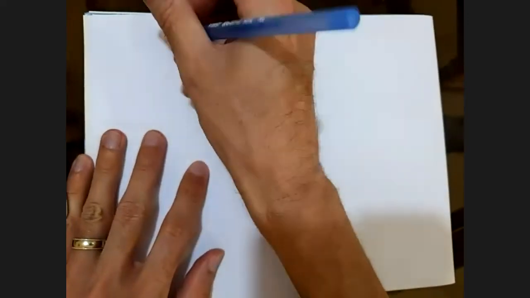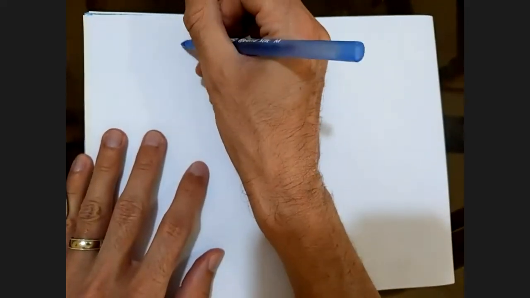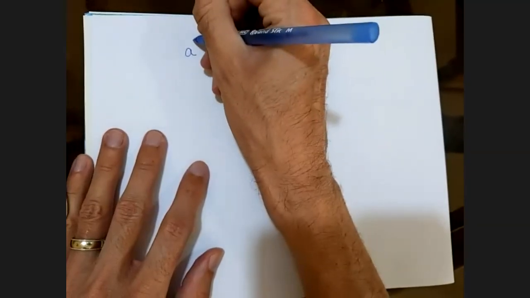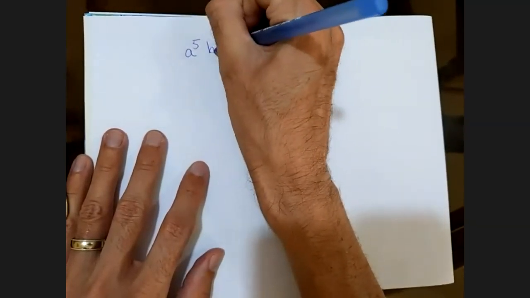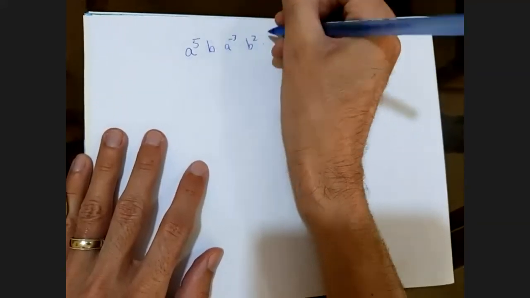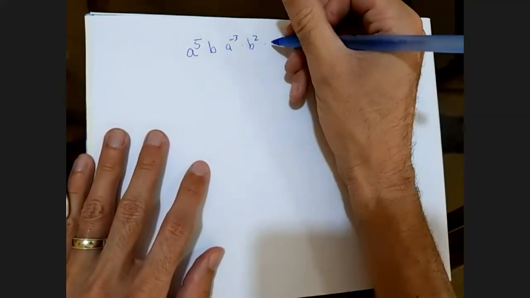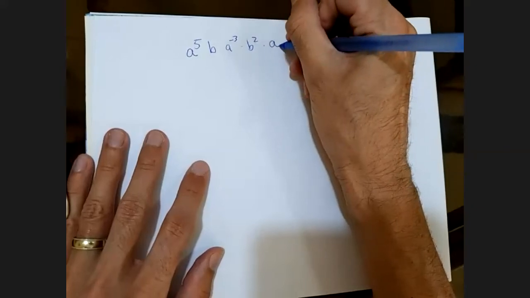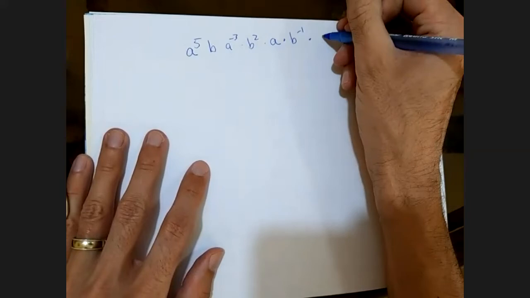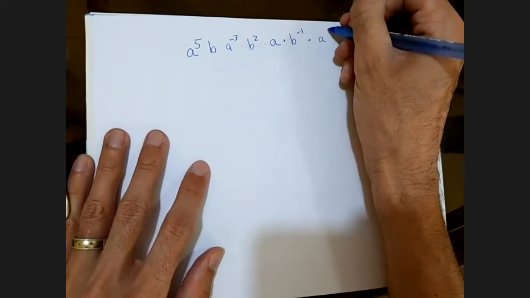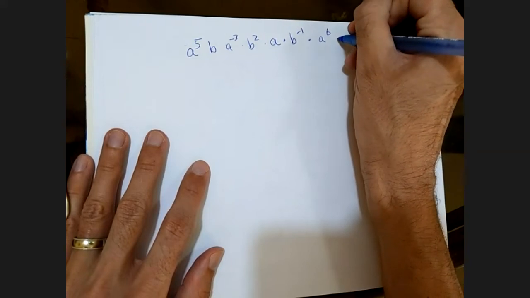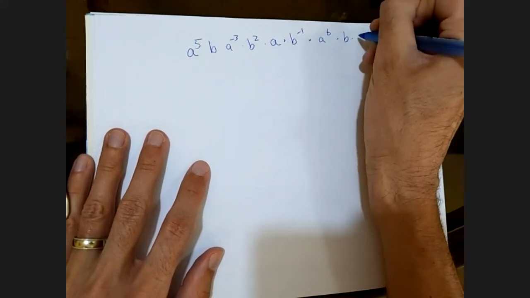Let's write just here's what an element of D4 might look like. It might be like A to the fifth, B, A to the minus 3, B squared, and then it might be like A B inverse, and then we might have an A to the 6th, and then I might have a final B, and that's it.